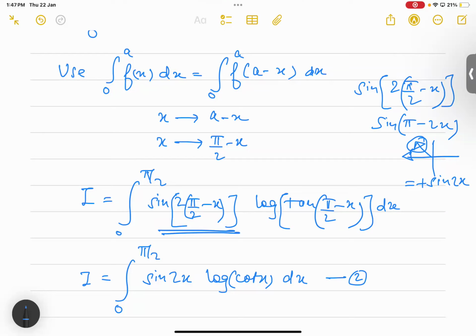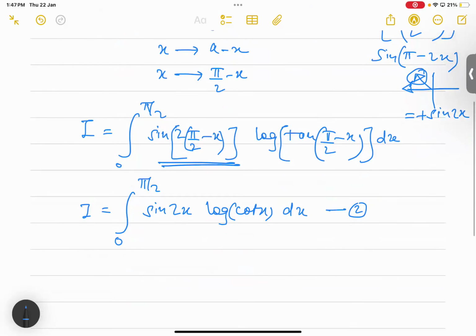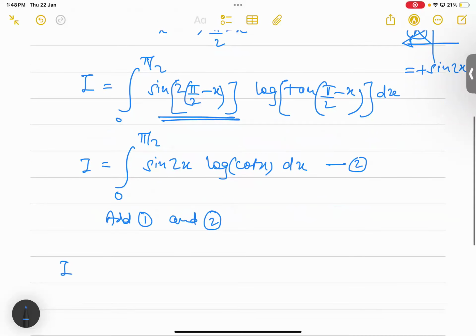Now what we are going to do after this? Add 1 and 2. Left hand side plus left hand side. Right hand side plus right hand side.